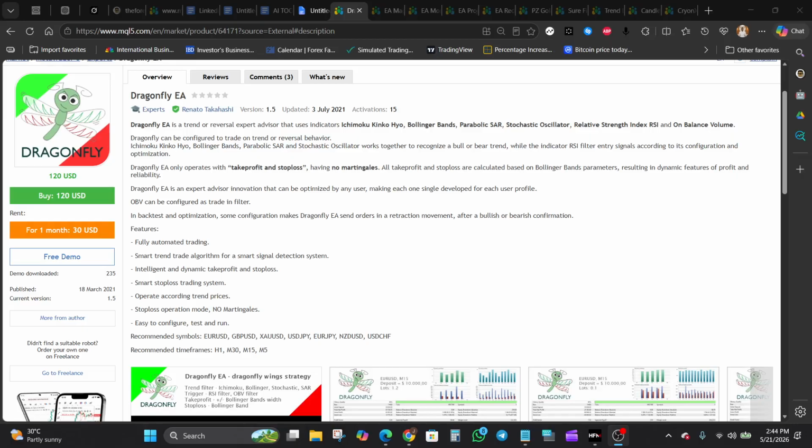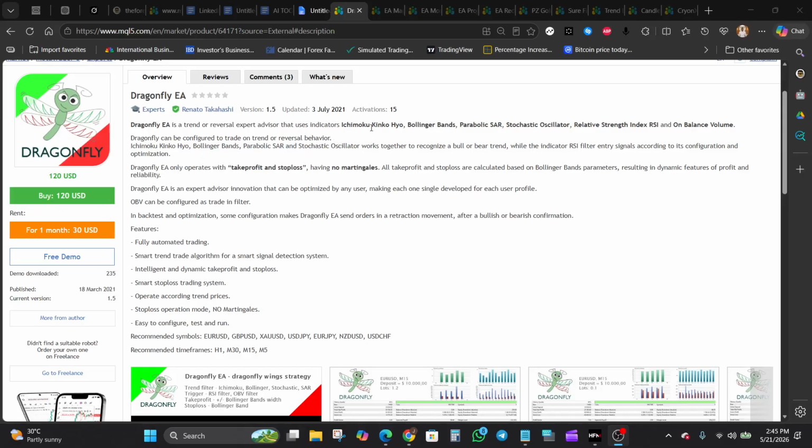What stands out immediately is the number of indicators being combined together inside the trading logic. According to the developer, the EA uses Ichimoku Kinko Hyo, Bollinger Bands, Parabolic SAR, Stochastic Oscillator, Relative Strength Index, and On Balance Volume. These are the indicators that are being used.